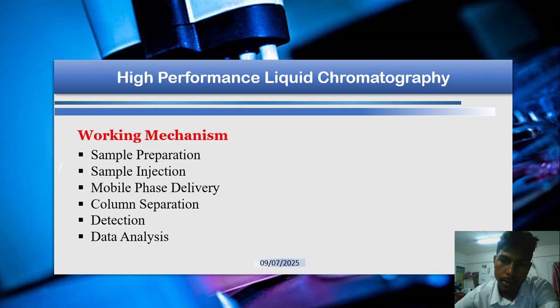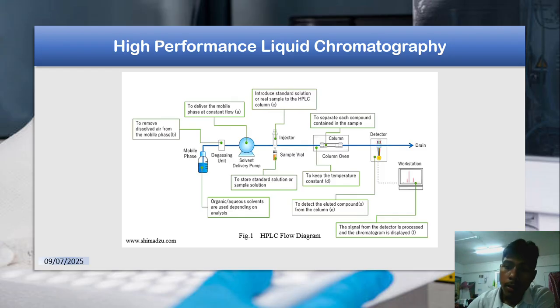The working mechanism of HPLC has the following steps: sample preparation, sample injection, mobile phase delivery, column separation, detection, and data analysis. It has some components to employ the HPLC system.